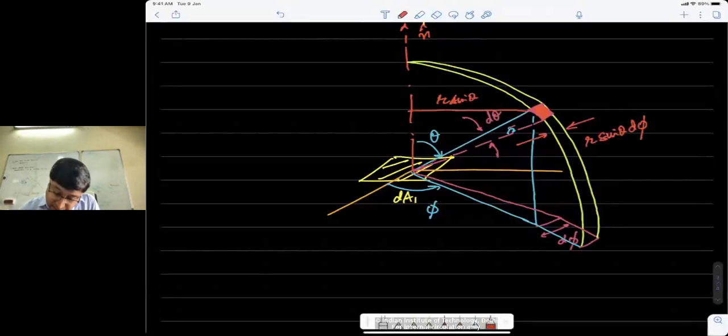And then this length here, because we are using r as a radius, becomes r d theta, the rectangular length, I should say.